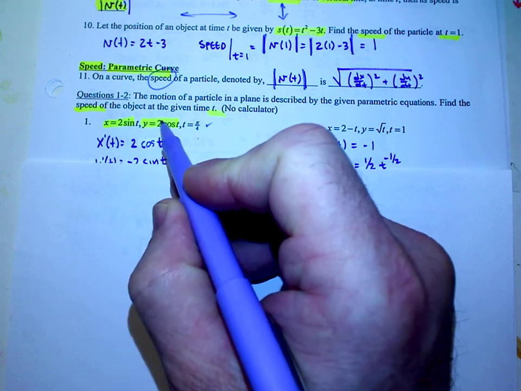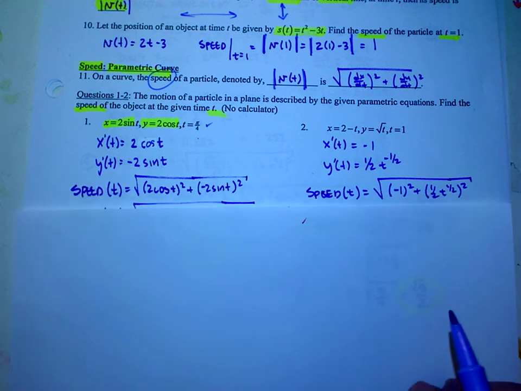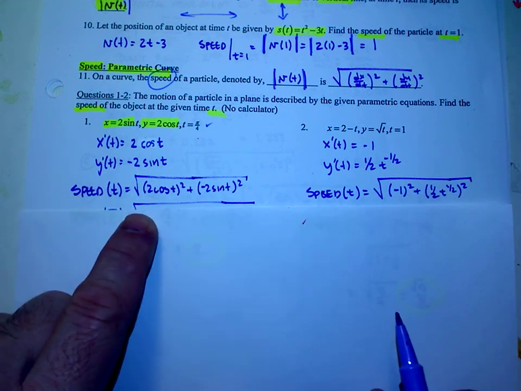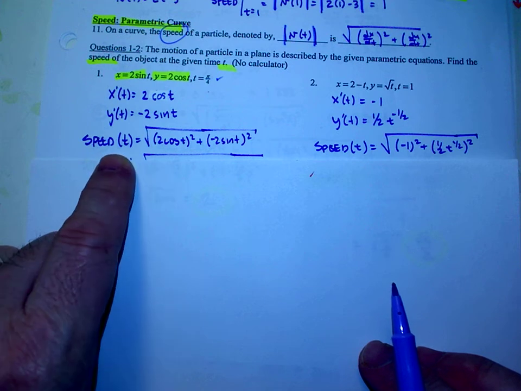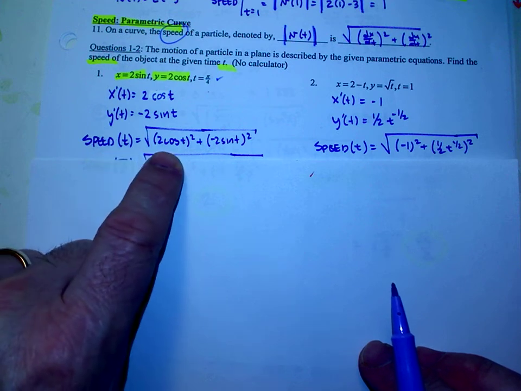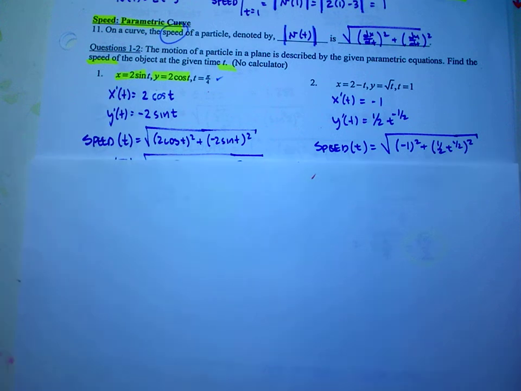Derivative of x, derivative of y, gives us those two functions. Next, we'll write our speed function by doing x prime squared plus y prime squared, and then the square root of that.